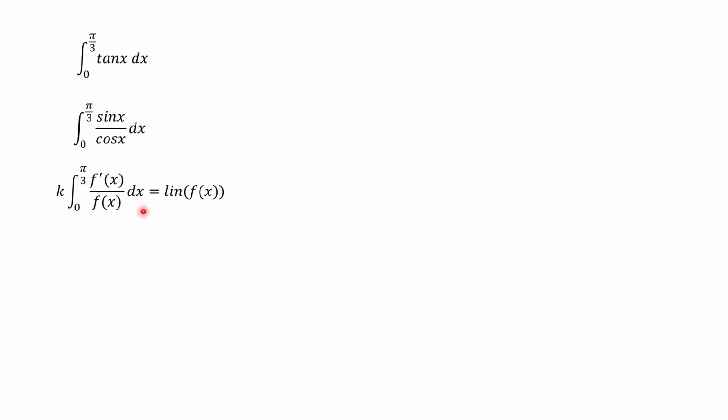And this is really handy because when you differentiate cos x, you get minus sine x. So you can see you have minus sine x, the derivative on the numerator, and cos x, which is the function on the denominator. So now, if we can solve for k, then we can express the integral.